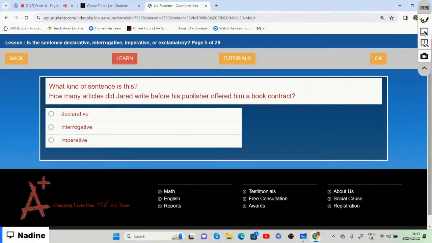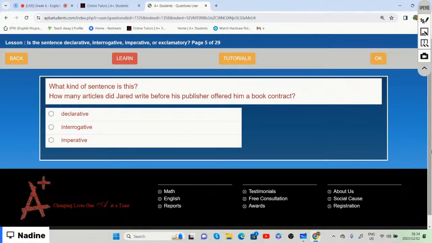How many articles did Jared write before his publisher offered him a book contract?